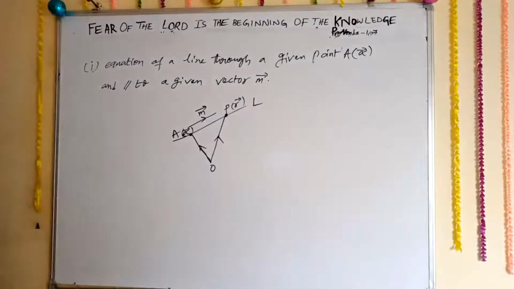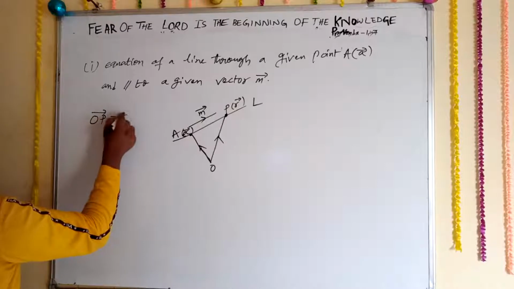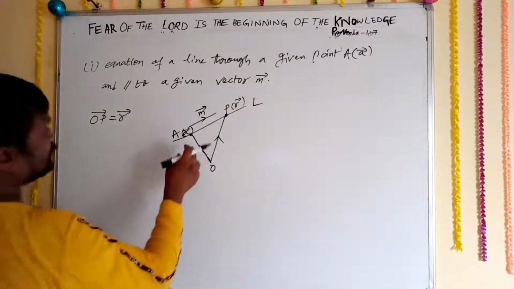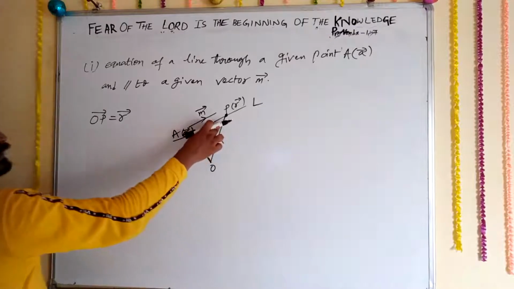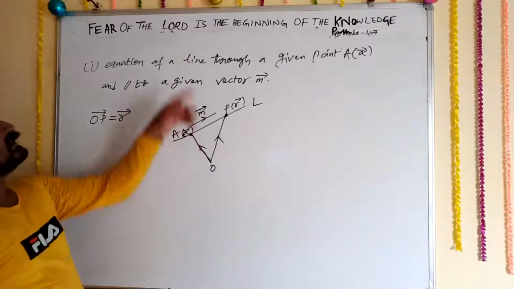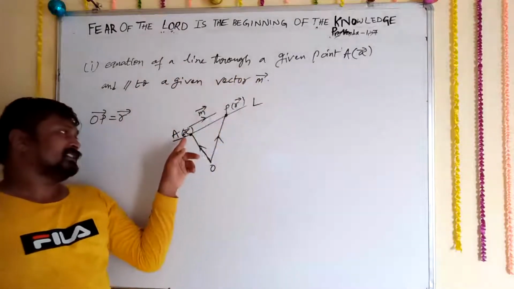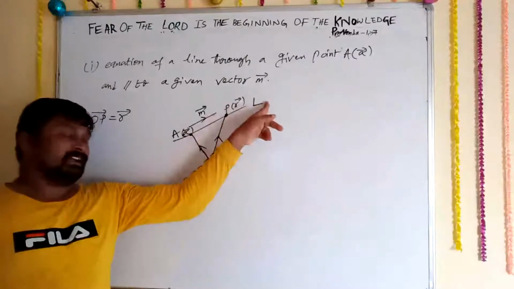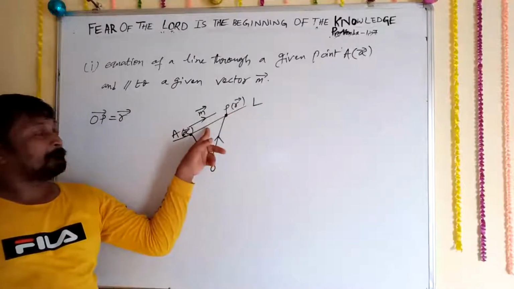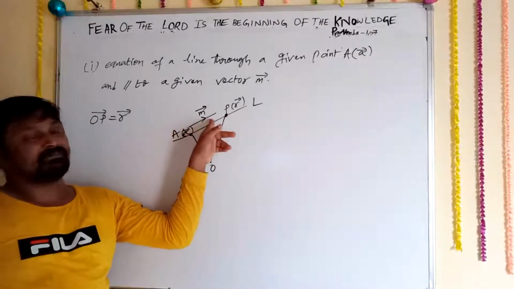Let OP vector be equal to r vector, and here AP is parallel to the L line. I said this is the equation of a line passing through a given point A. So line L is passing through the point A, and it is parallel to the m vector.